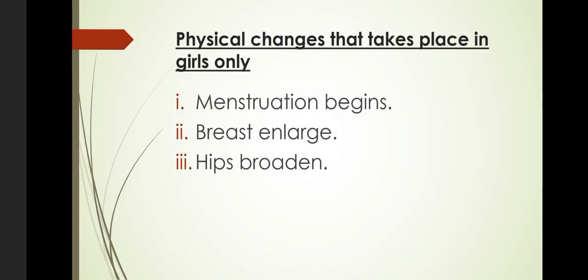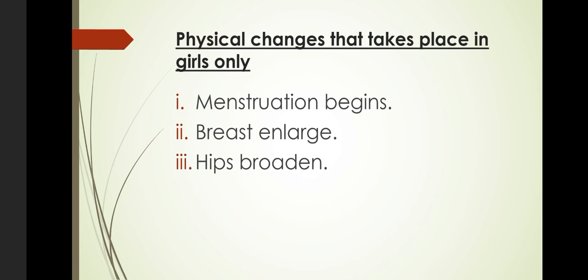Now learners, I want us to categorize these changes into 3 groups. The first group, we will talk about the changes that normally occur exclusively in girls. Then the second group, we will discuss the changes that normally occur exclusively in boys. Then the third group of the changes, we will discuss the changes that normally occur in both boys and girls.